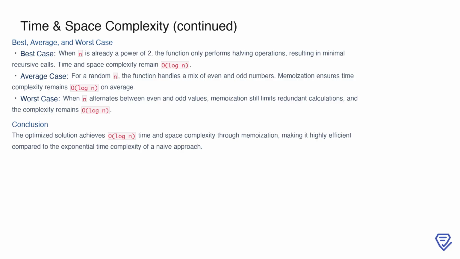Memoization ensures that the time complexity remains O(log n) on average, as redundant calculations are avoided. Even in the worst case, where n alternates between even and odd values, memoization still limits unnecessary computations, maintaining the logarithmic complexity for both time and space. Ultimately, the optimized solution is highly efficient, achieving O(log n) time and space complexity, which is a vast improvement over the exponential inefficiency of the naive approach.